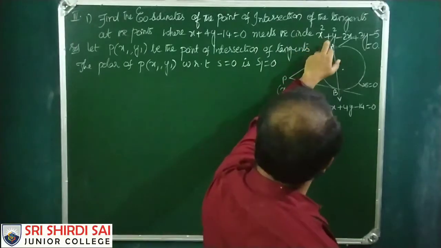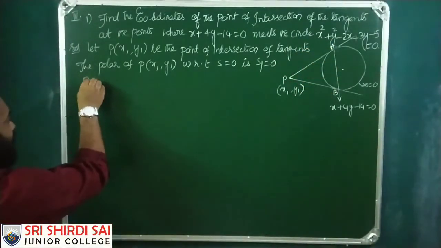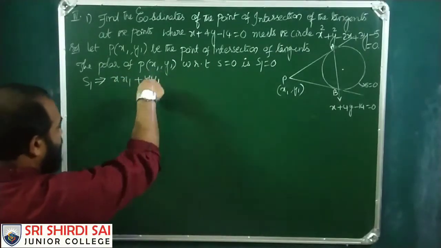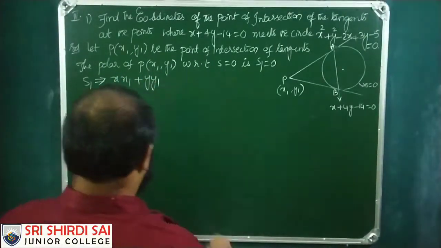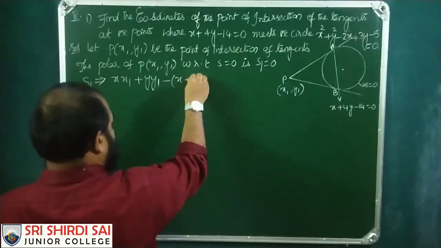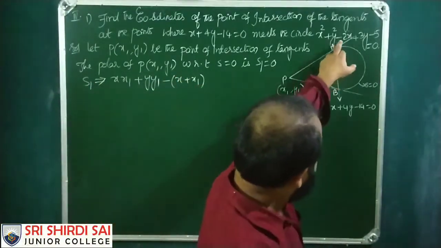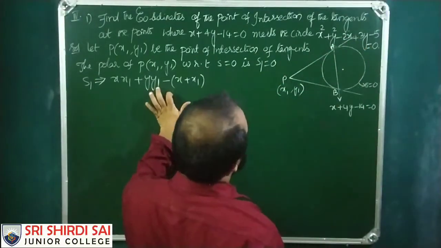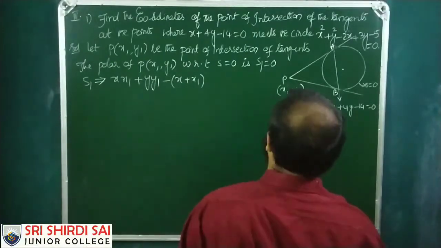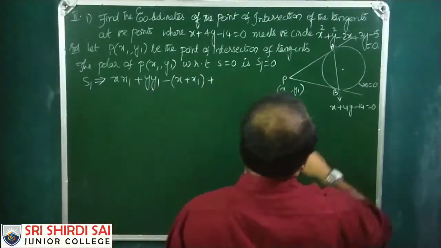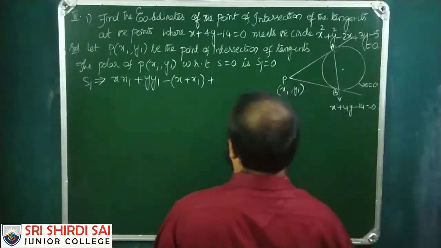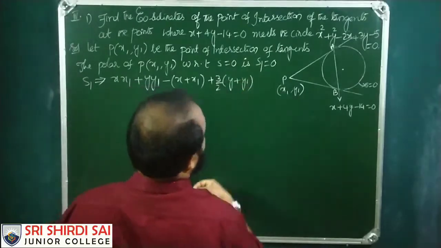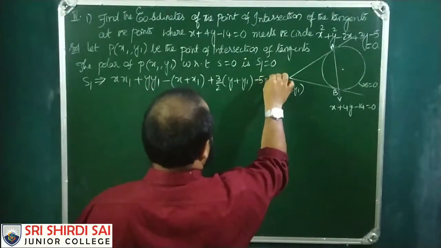For this S = 0, S1 implies xx1 + yy1 minus, of x + x1, so the minus remains the same. The coefficient of x is 2, so half of that is 1, into (x + x1), plus the coefficient of y is 3, half of that, so 3/2 into (y + y1), minus 5 equals 0.